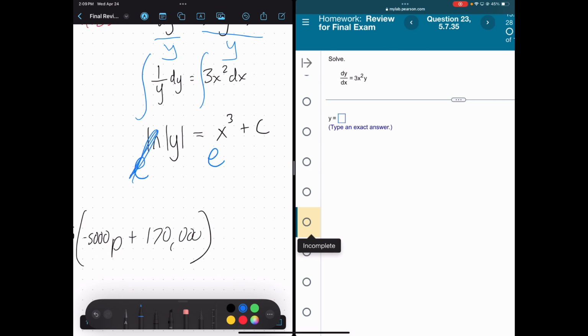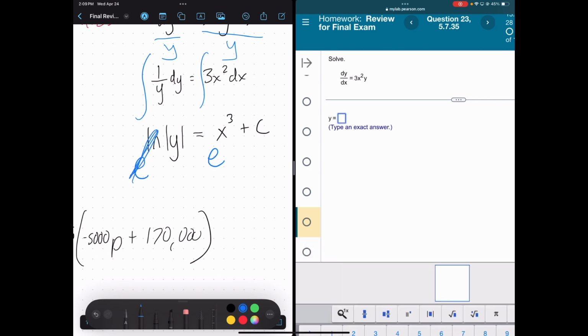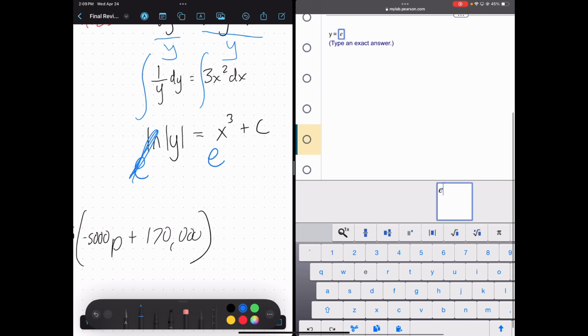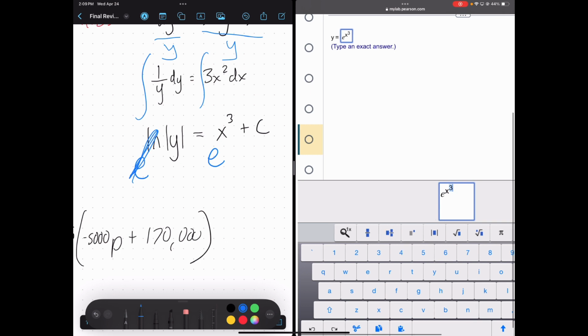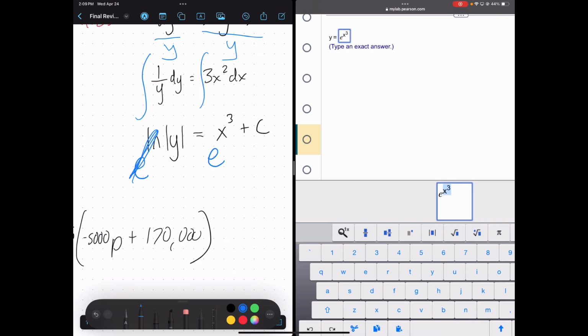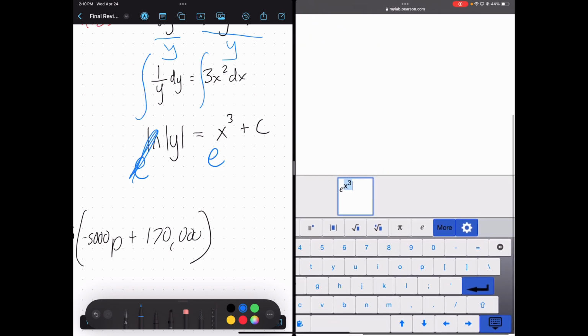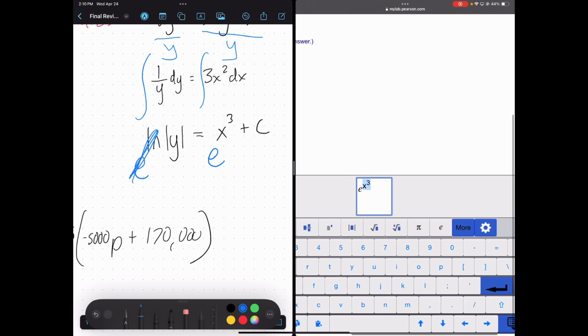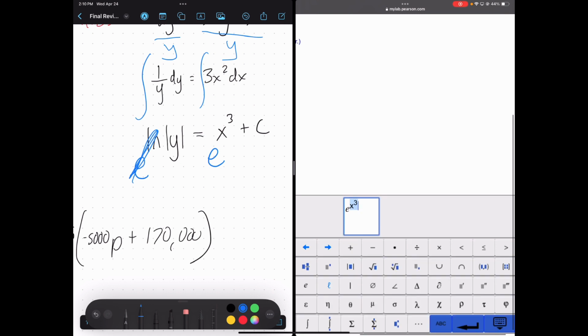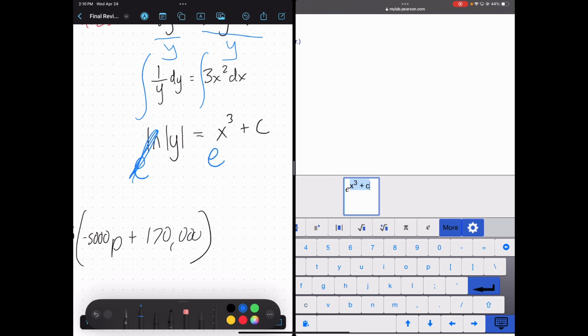The e and the natural log will cancel out, and I'm left with y is equal to, we'll go ahead and plug this one in and see if we get it right, e to the x cubed plus c.